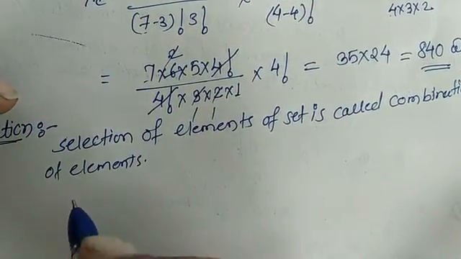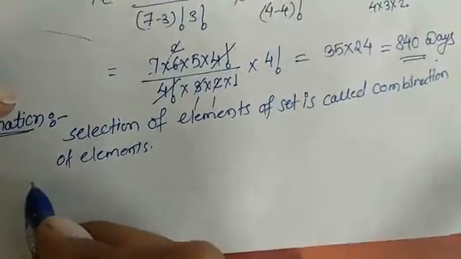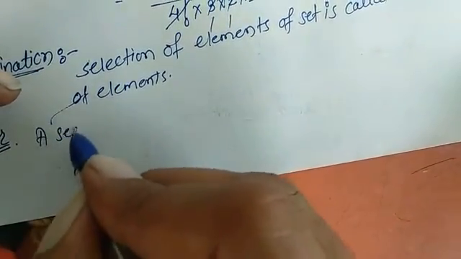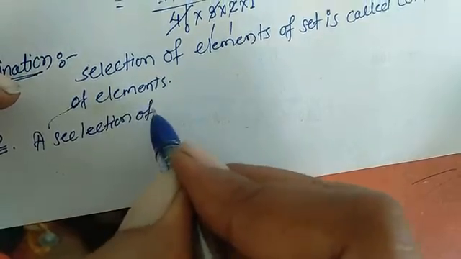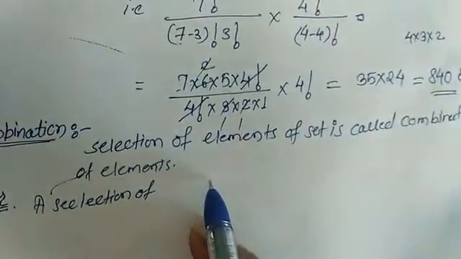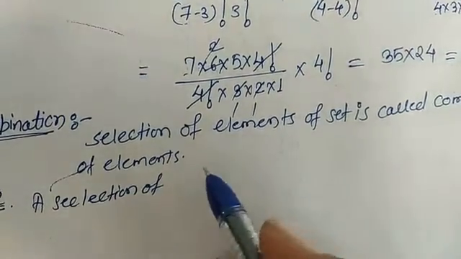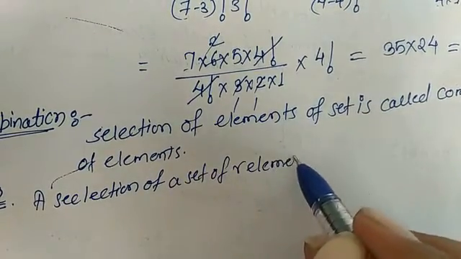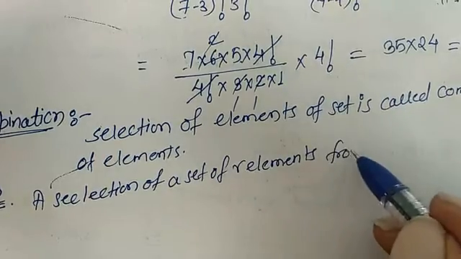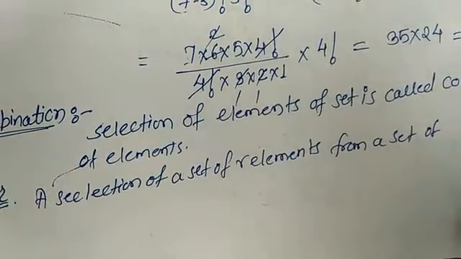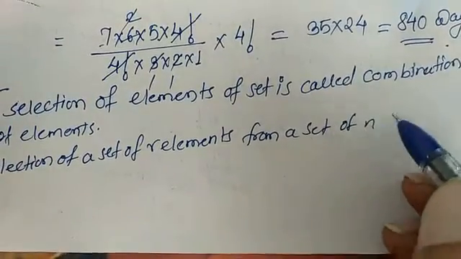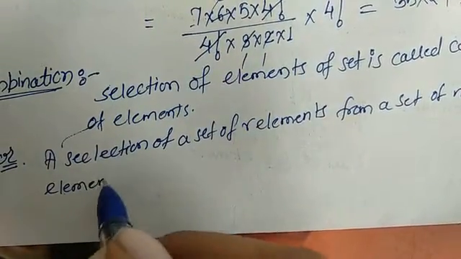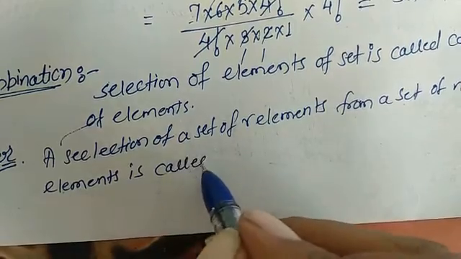It is defined as a selection of a set of r elements from a set of n distinct elements, and it is called a combination.